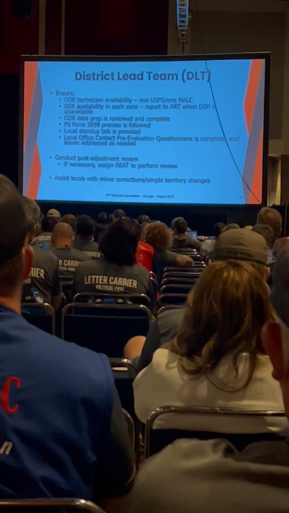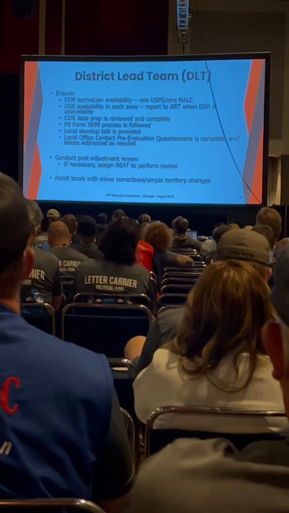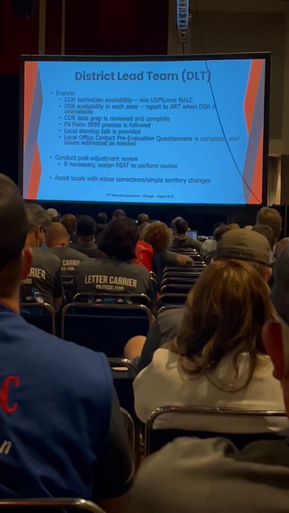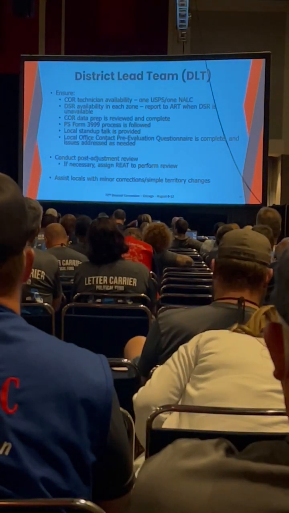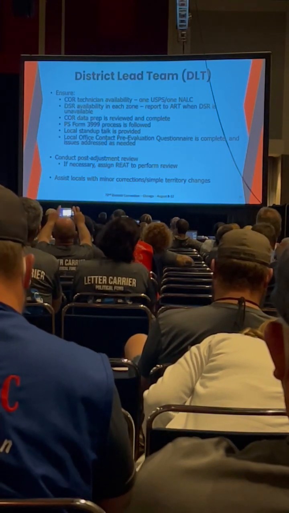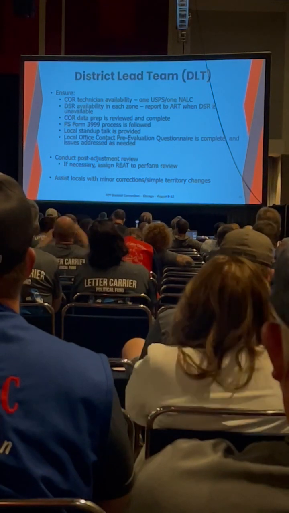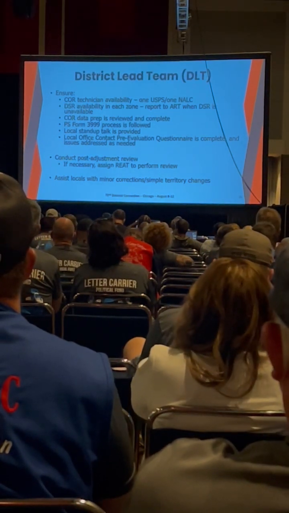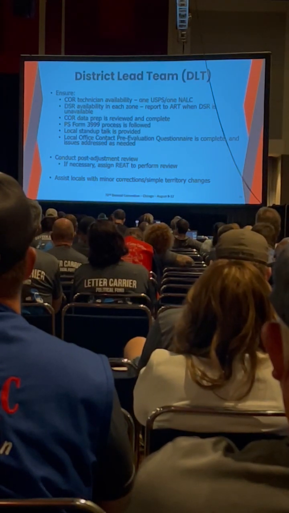There's a process that we've put in place with all of our alternate route adjustment processes that ensures that if a 3999 is conducted, whether in this process, whether it's digital or whether it's actual, there's certain things that the Postal Service must do. There's a local stand-up talk that was created for this to inform the individuals, the letter carriers in the delivery units that we're going to be performing evaluations on, that ensure that this stand-up talk is given to them.